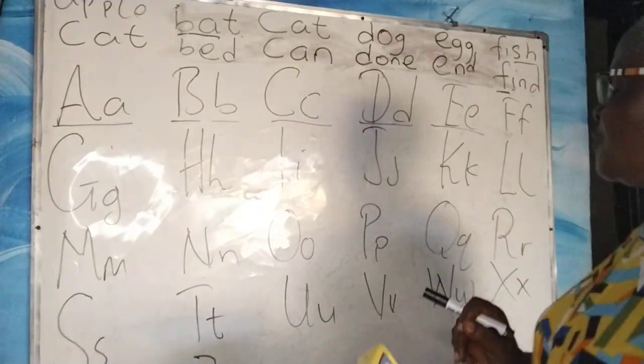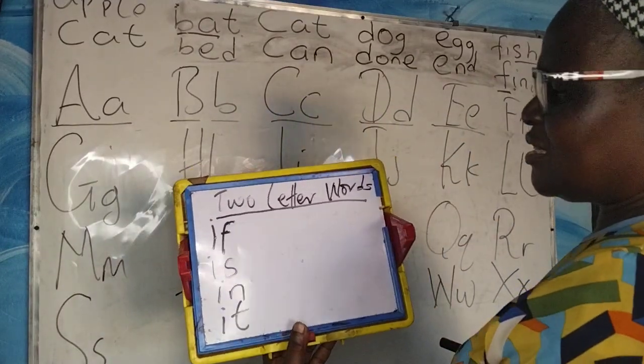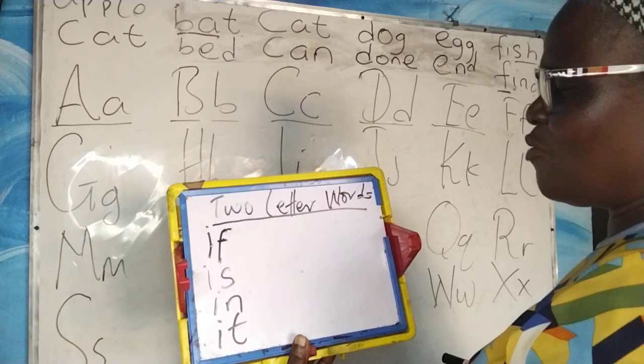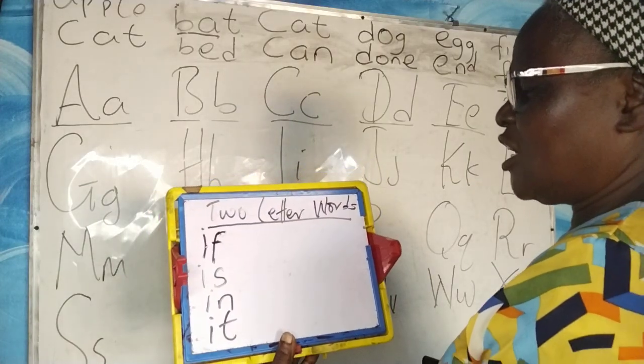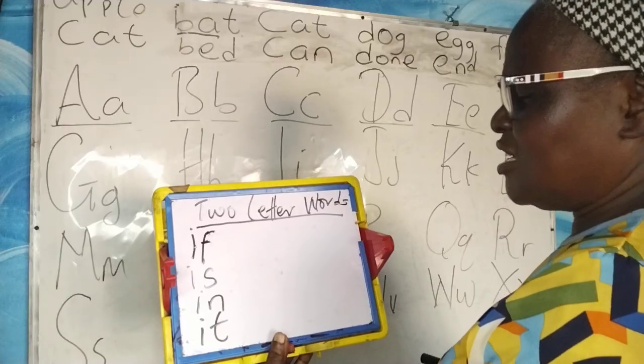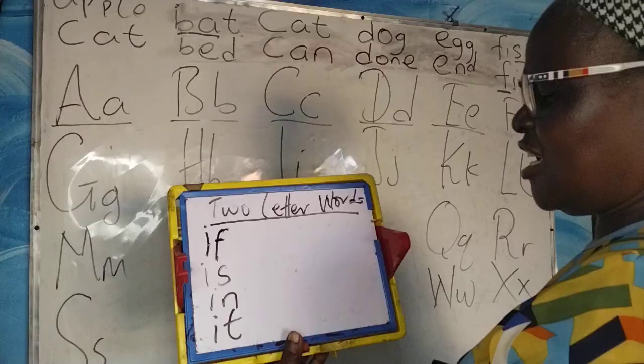So, I want you to tell me the two-letter words that begin with E. We have if, is, in, it.